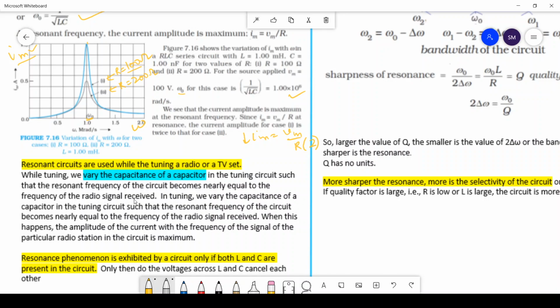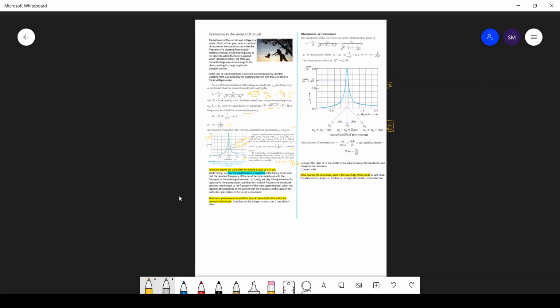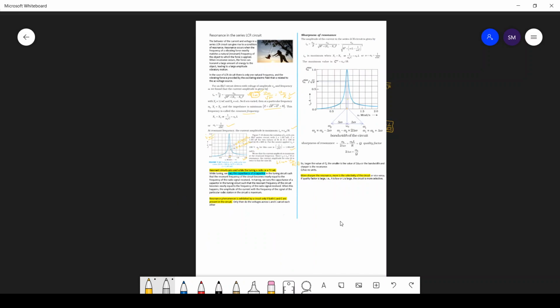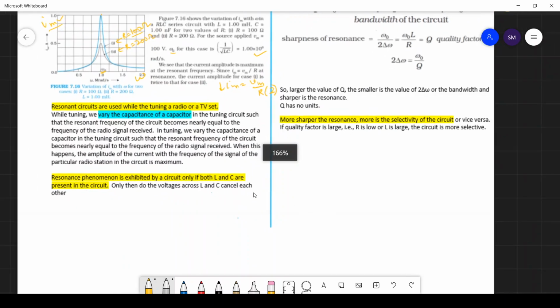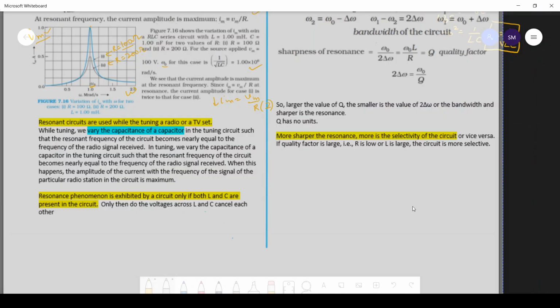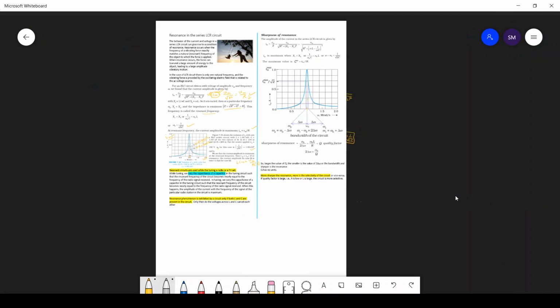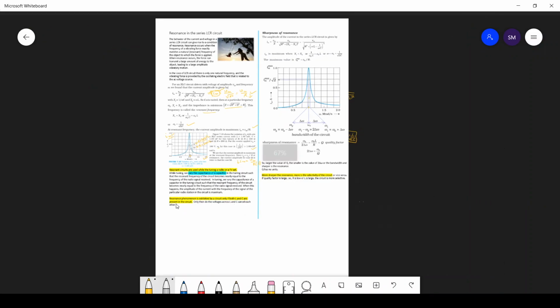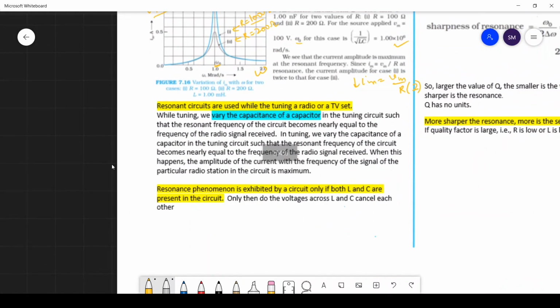This is just the repetition. In tuning, we vary the capacitance such that the resonance frequency of the circuit, as already written over here, becomes nearly equal to the frequency of the radio signal received.